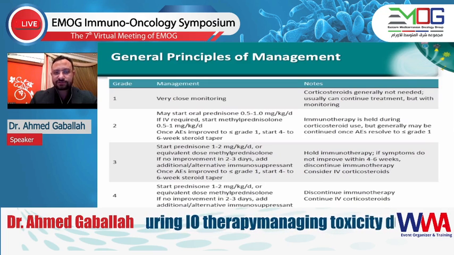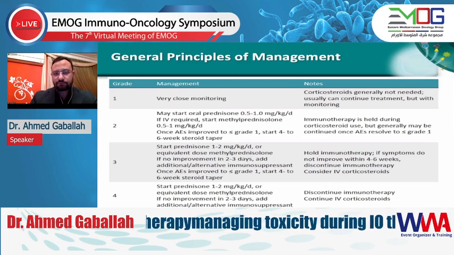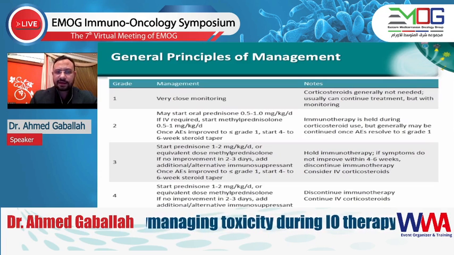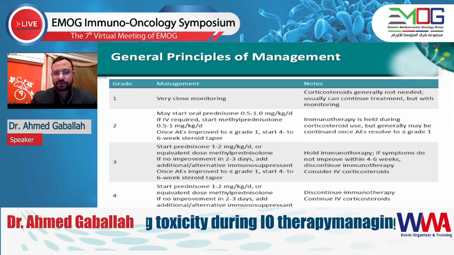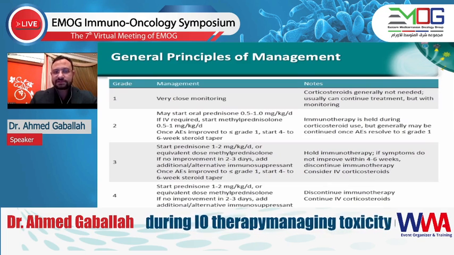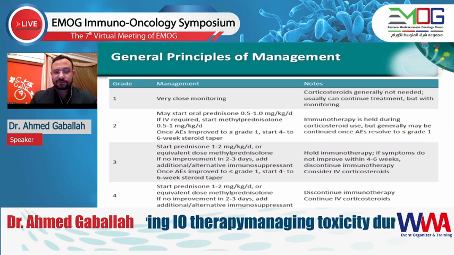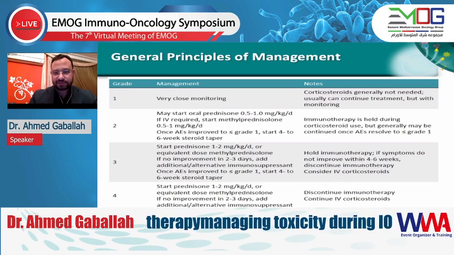And if the patient shifts to grade 2 toxicity, usually we start with oral prednisolone at low dose, 0.5 to 1 milligram per kilogram daily. And rarely we use IV steroids, methylprednisolone, also at low dose of 0.5 to 1 milligram per kg. And once the patient improves and the toxicity is grade 1 or less, we can restart the immunotherapy and we start to taper the steroid over 4 to 6 weeks.